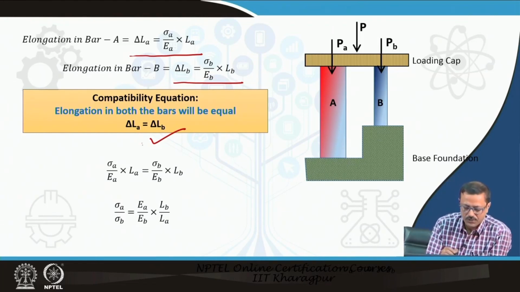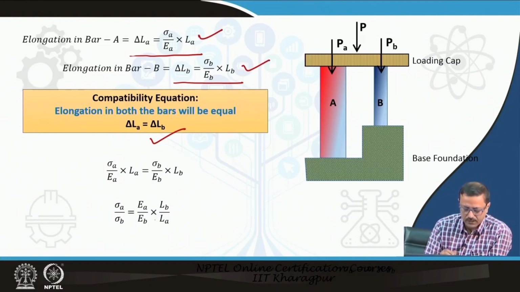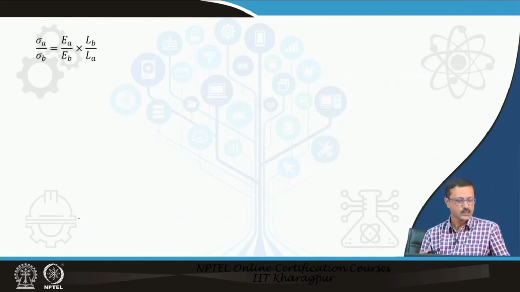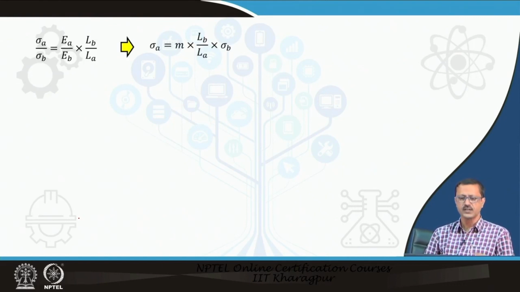By virtue of this compatibility equation, I equate these two, and finally I can find the ratio of their stresses, sigma A and sigma B. Sigma A by sigma B is written as E A by E B, the ratio of their Young modulus, and the inverse of the ratio of their lengths.